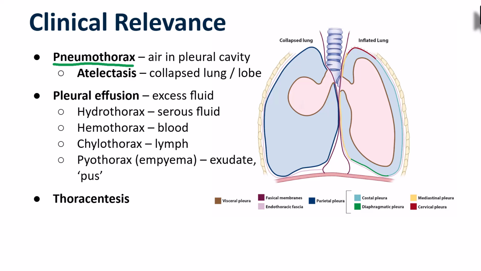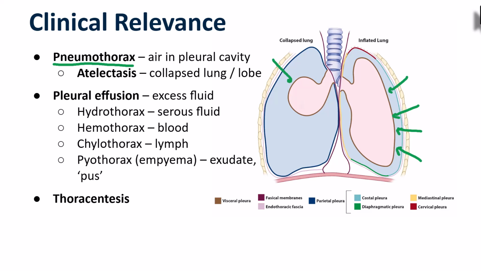And one of the problems with this is as air moves in, we have this disruption between the relationship of the visceral and parietal pleura. We have a disruption between the surfaces of the lungs and the chest wall, and that is going to exert pressure on the lungs. So that's going to make inhalation more difficult. So a pneumothorax can very quickly progress to a collapsed lobe or collapsed lung state.